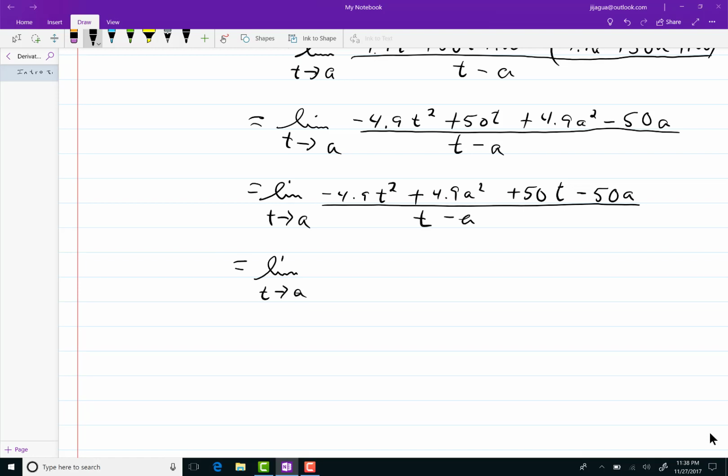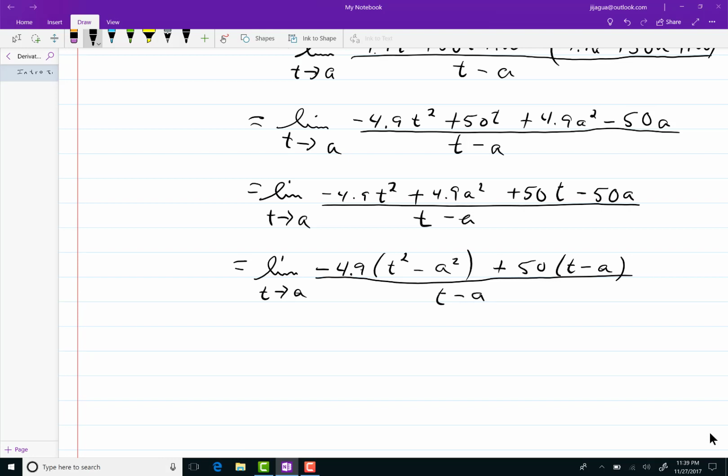What I'm going to do with the first two terms is factor out a negative 4.9. What that will leave in its wake is t squared minus a squared. Similarly, from the other two terms, I'm going to factor out a 50. I get plus 50 times t minus a over t minus a.